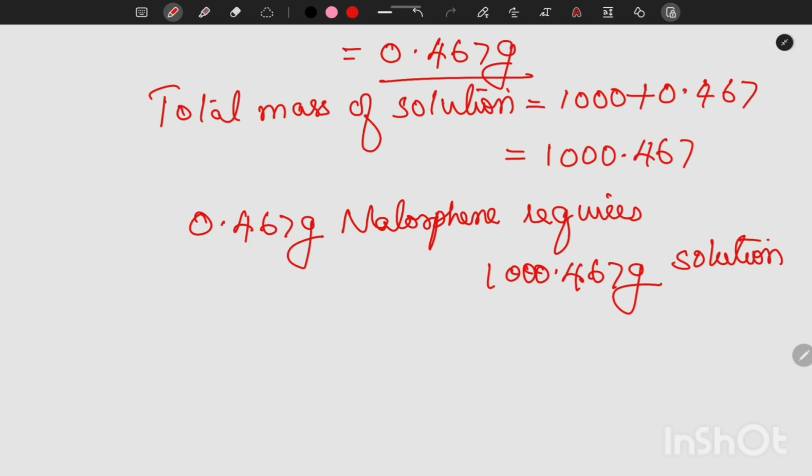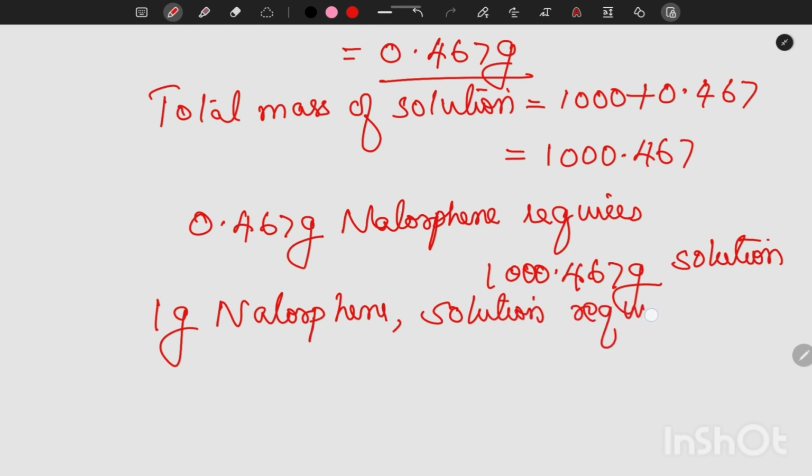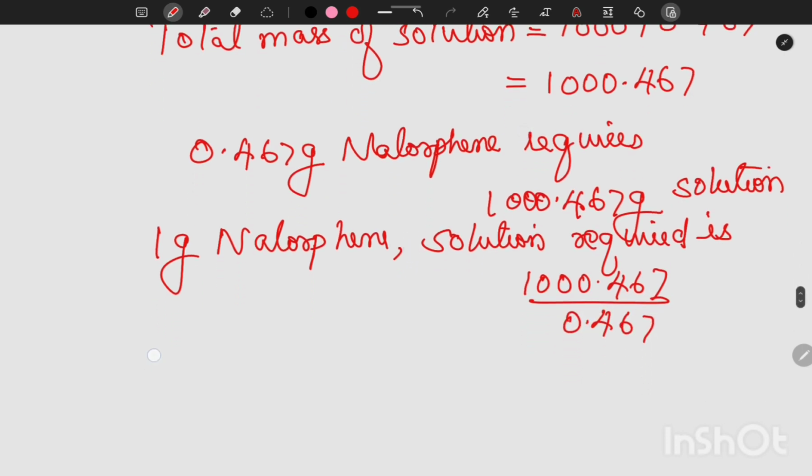So 1 gram nalorphine, solution required is 1000.467 by 0.467. We have 1.5 milligram, that is equal to 1.5 into 10 raised to minus 3 gram nalorphine.